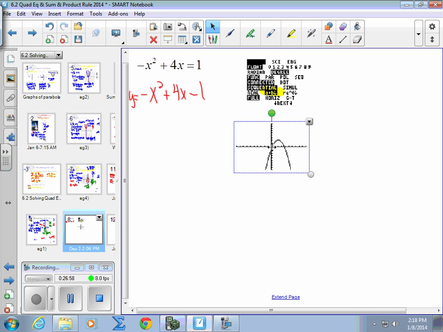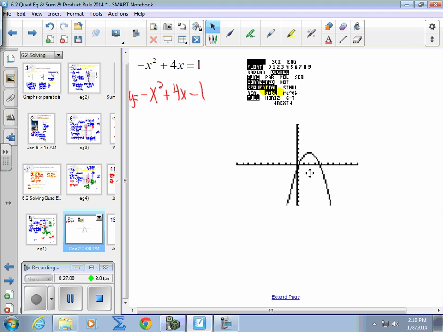Let me see if I can make it a little bit bigger. What we're trying to do is determine where these points are. Well, obviously, based on this graph, it's drawn a little bit better, you can see where the numbers are between 0 and 1, and between 3 and 4.